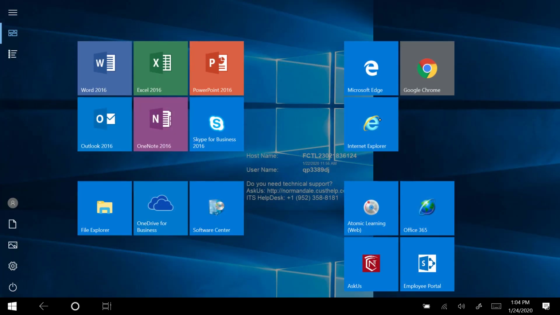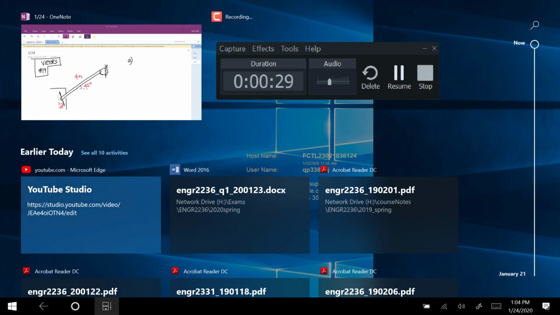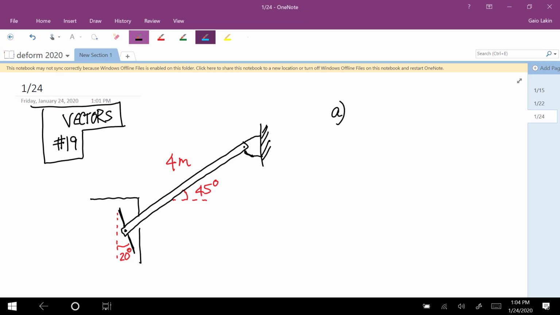Okay, so for part A, we need a vector that has a magnitude of R and multiplied by a unit vector that's perpendicular to that slot. So we need a vector like that where this angle is 20 degrees and this is a right angle.